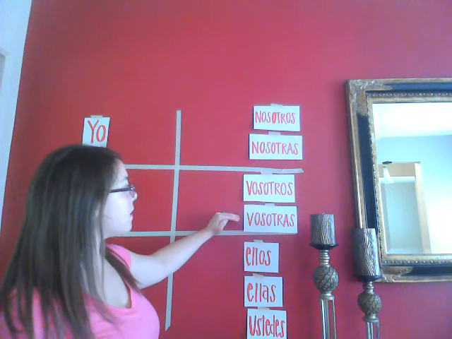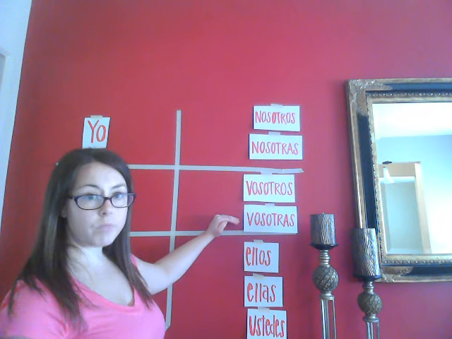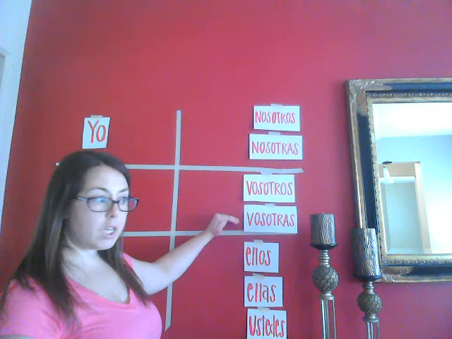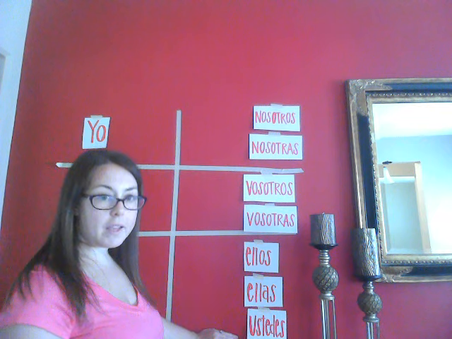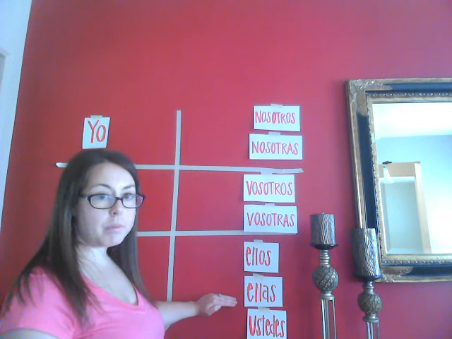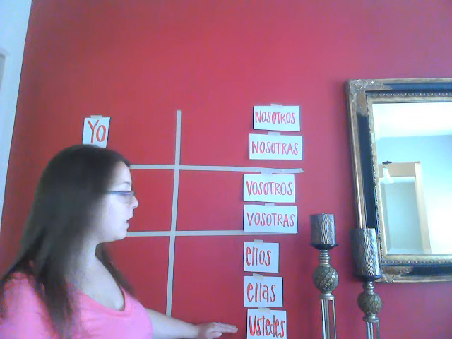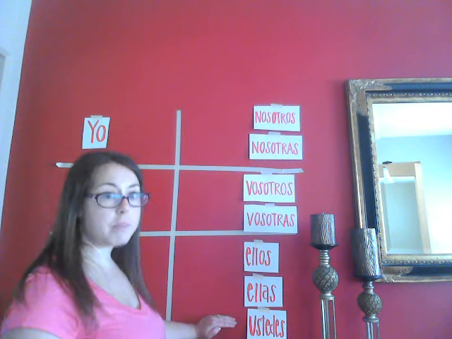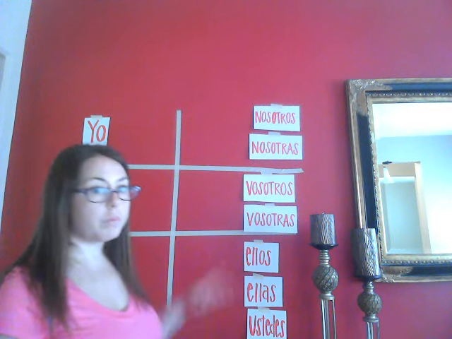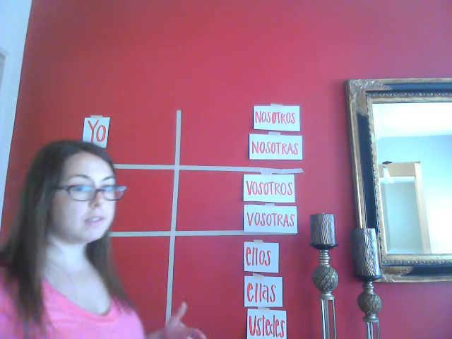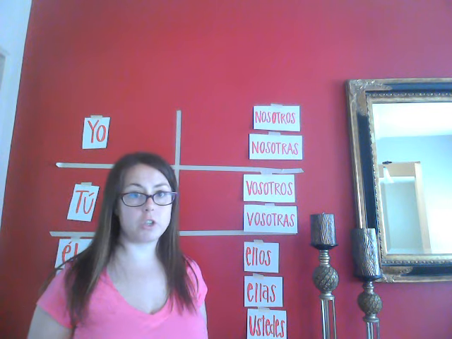Vosotros and vosotras are y'all, you all, familiar. And again, this section's only used in Spain. And then ellos, ellas, and ustedes. Ellos and ellas both mean they, and ustedes is y'all, formal in Spain, or just you all anywhere else in the world.